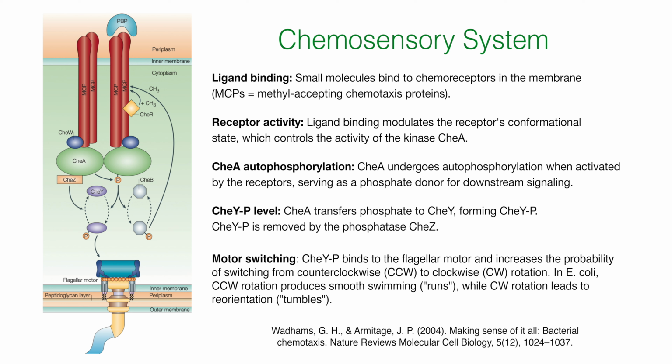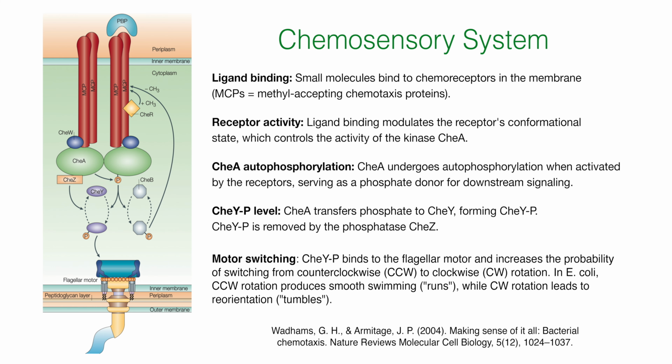This CheA is a quite important protein. It's a kinase, and that means it can actually use the ATP hydrolysis and transfer a phosphate to another protein, which is called CheY. By transferring the phosphate to the CheY, it's switching this other protein from a kind of inactive state to an active state where the phosphate is attached.